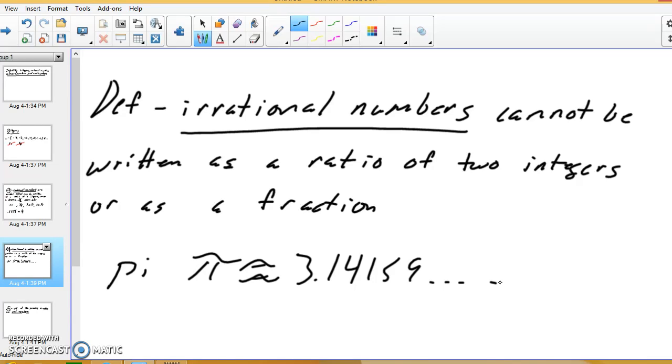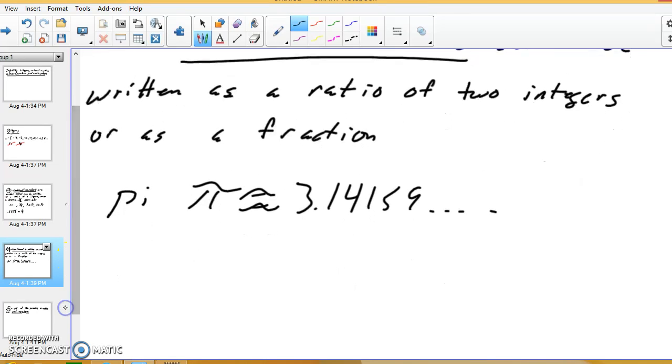The number pi never finishes. Because it never finishes, it cannot be written as a fraction. If it cannot be written as a fraction, then it is an irrational number.